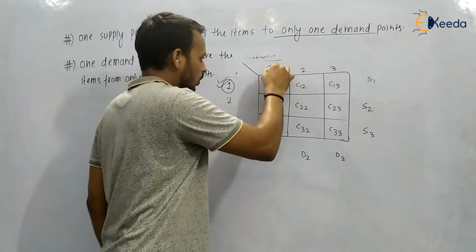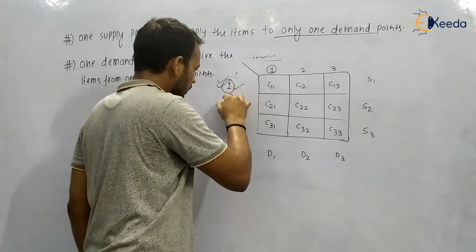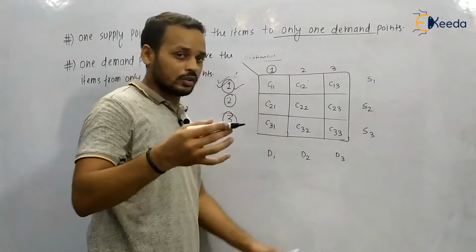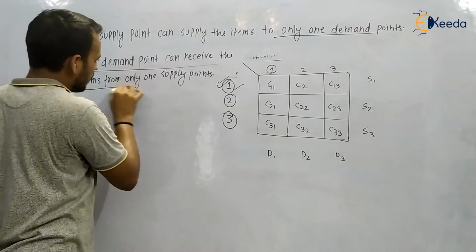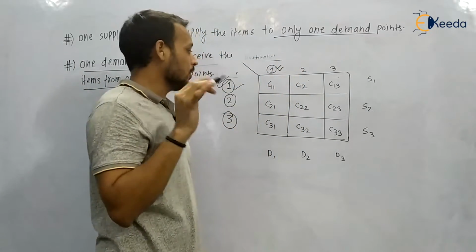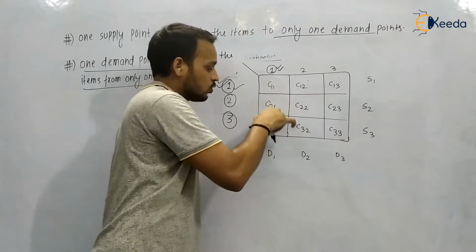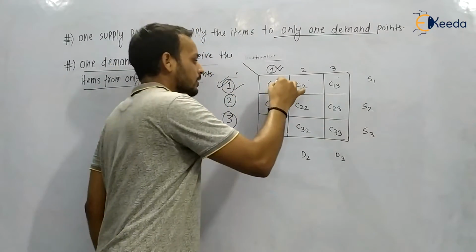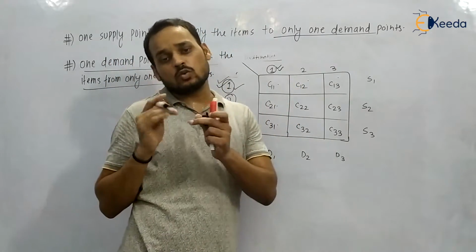Look at destination 1. In the transportation problem it could receive items from 1, 2 or 3 or all 3, but here one demand point can receive the items from only one supply point. This demand point 1 can receive only from 1 or 2 or 3. It is not like you supply from all of them. You can supply only here or here or here. So both cases are true.